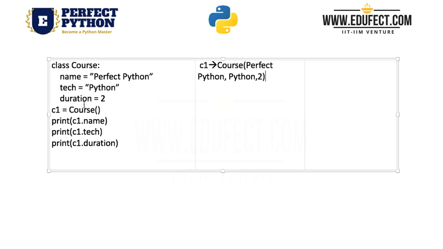So what we are learning here is that it is not necessary to always define a constructor. And now when I print C1.name, I get perfect Python, and C1.tech will be Python, and C1.duration will be 2. So notice in this case we did not explicitly define a constructor, and still everything worked for us.